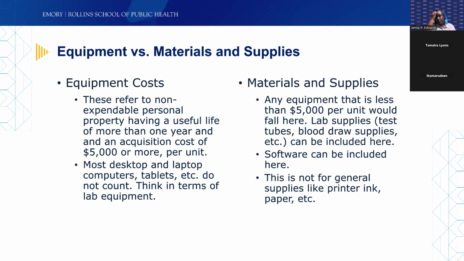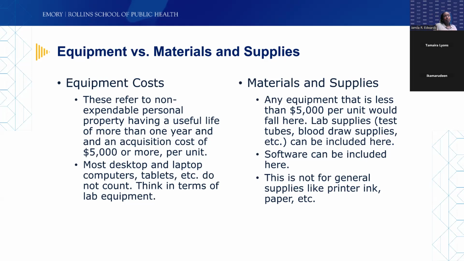So one thing that I think gets confused a lot, and so I always want to be really reiterating, is equipment costs versus material and supply costs. People constantly want to talk about computers as equipment costs. They are not equipment.